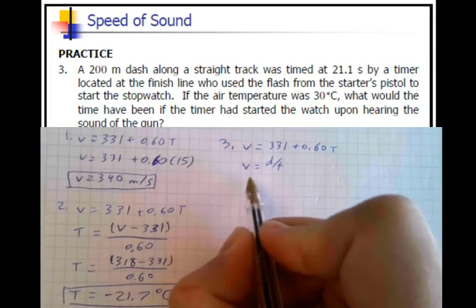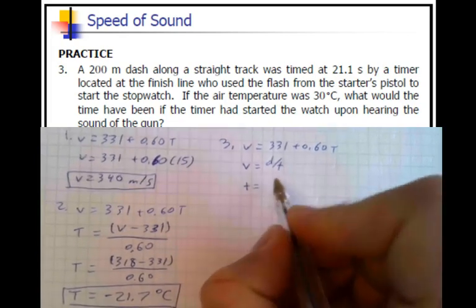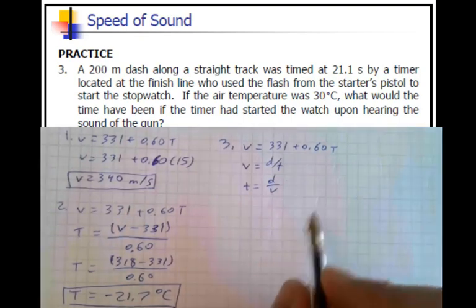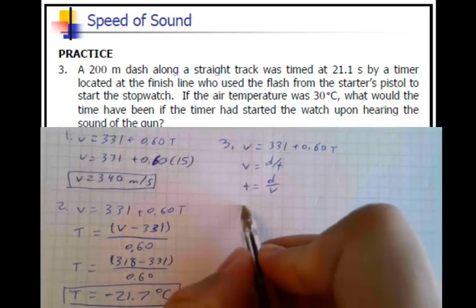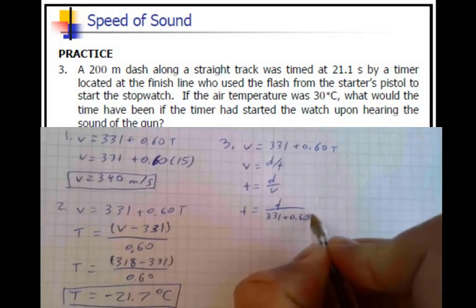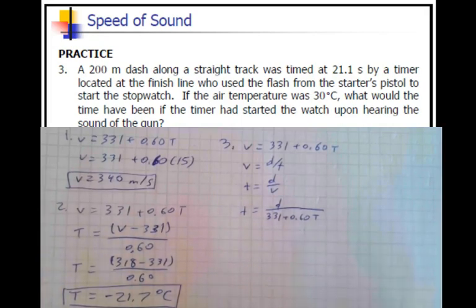And we need to solve for our t. So t equals d over v. If we substitute that in for our v, we have 331 plus 0.60 T.